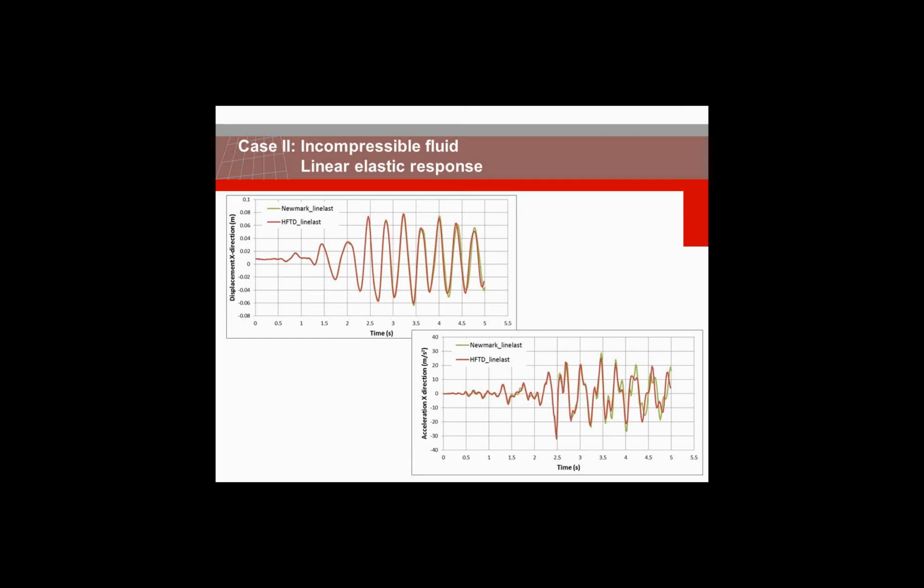That's why we can compare with Newmark, because Newmark could not do the work for the frequency-dependent system. And for displacement and acceleration, we obtain a very good agreement between both methods.